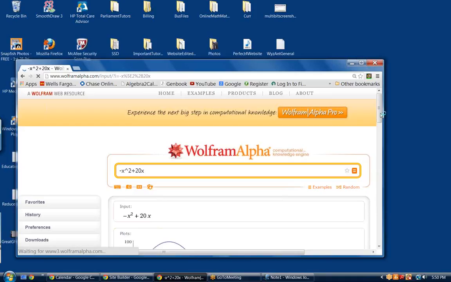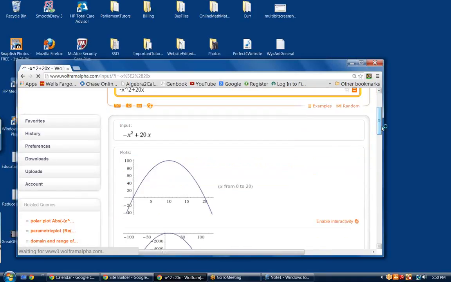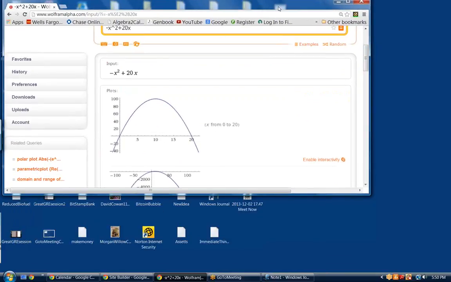So does yours look something like that? I can't see your graph right now. You can't see my graph? Nope. Oh yeah, there it goes. It was loading, it's giving me the spinning. Okay. So does yours look something like that?